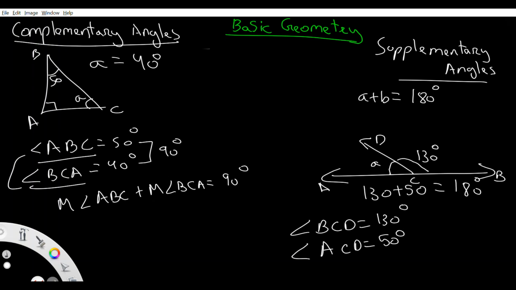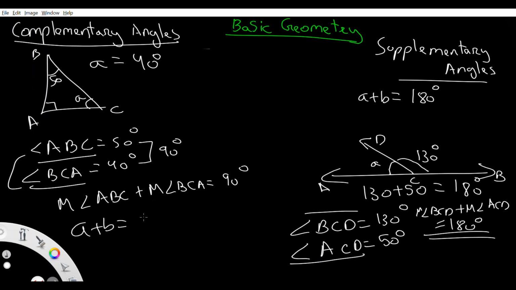Now, because of the angle measures of these two angles, the angle measure of BCD and the angle measure of ACD add up to 180 degrees. That is why these two angles are supplementary angles. So in short, complementary angles are angles that add up to 90 degrees, and supplementary angles are angles that add up to 180 degrees.